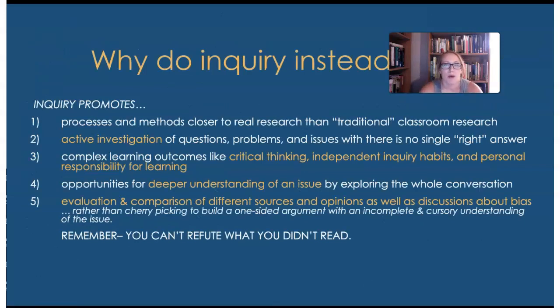So when we're thinking about why do this instead, there are a lot of reasons. First, you establish and practice processes and methods that are closer to real world research rather than the traditional classroom research, which you've probably done a lot of and will probably have to do in the future.